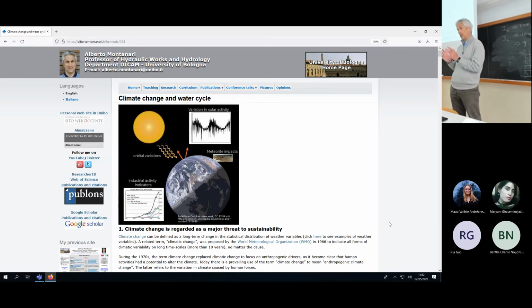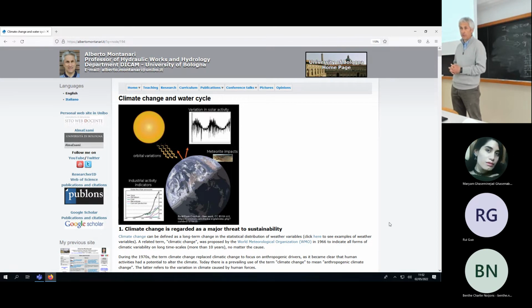And it's typically a task for the engineer. Adaptation means that we have to make our water supply, our defenses against natural hazards more resilient. And it means that we have to design probably structures, or we have to design nature-based solutions, but it's a task of the engineer. And mitigation is something different.